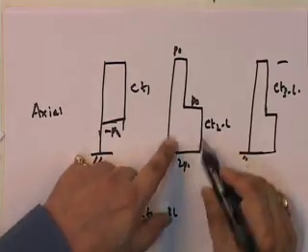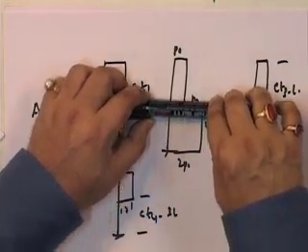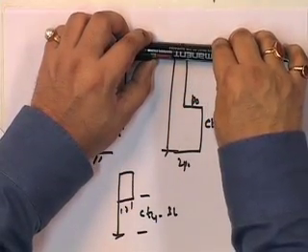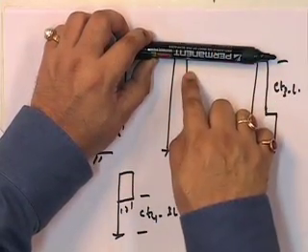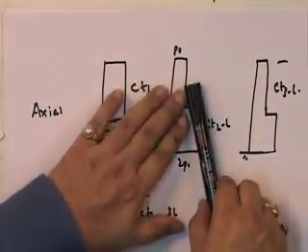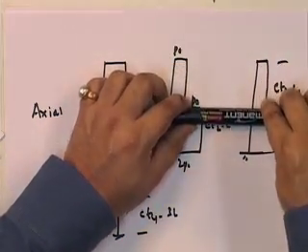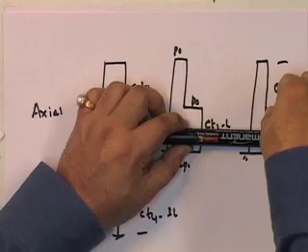Then the reflected wave comes here, and because the boundary conditions are free, part of the wave disappears, and now you have a wave coming back, which is only P naught coming back.